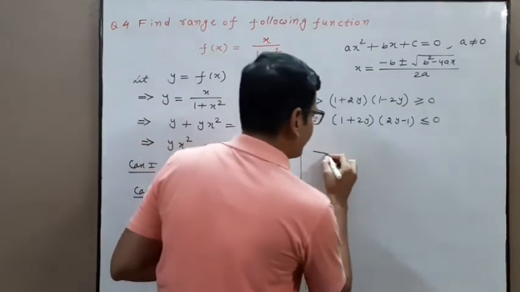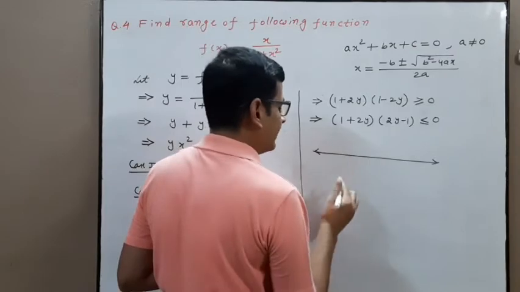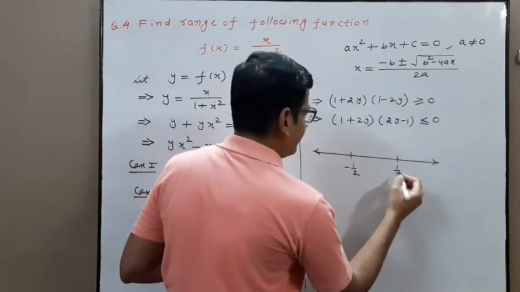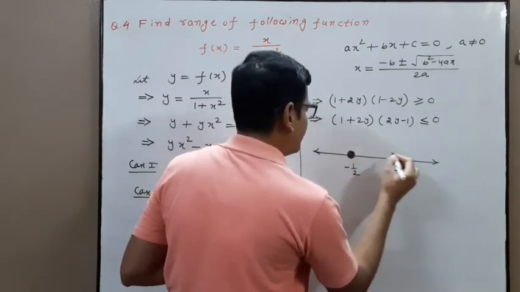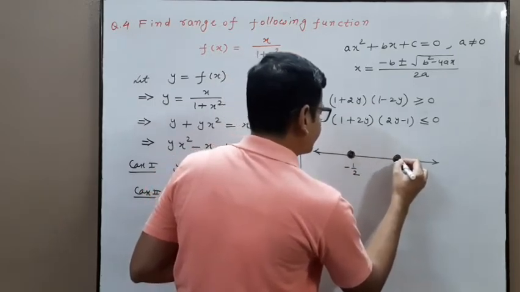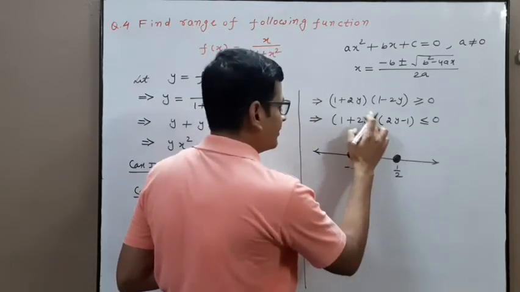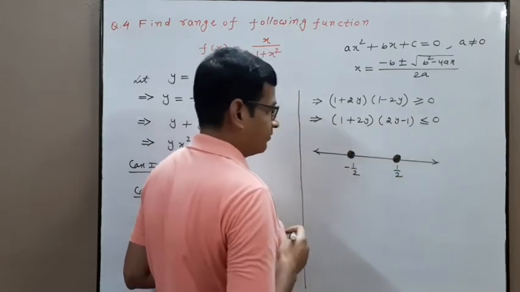After this, draw a number line and locate both critical points. One is minus 1 by 2, other is plus 1 by 2. And dark the circle, including minus 1 by 2 and 1 by 2, because at y equal to minus 1 by 2 this quantity is 0, and at y equal to 1 by 2 this quantity is 0.